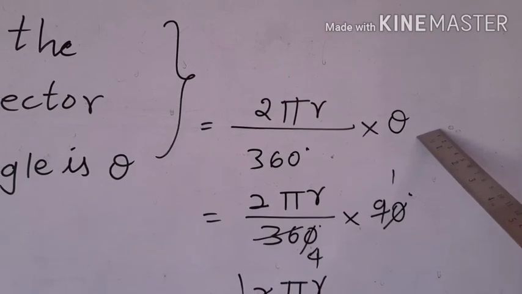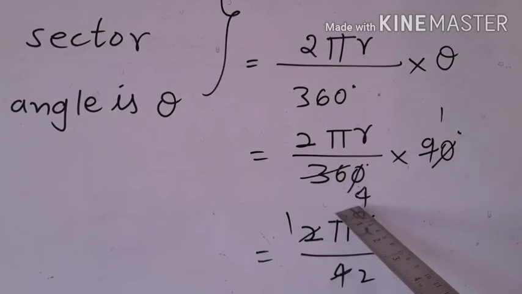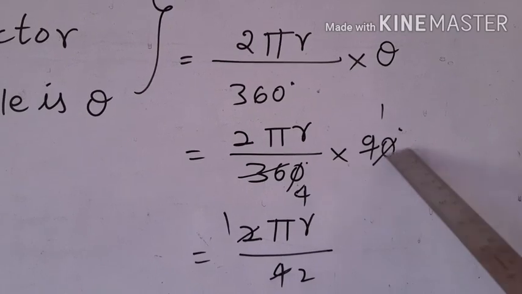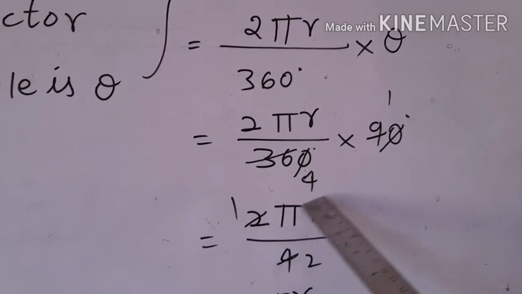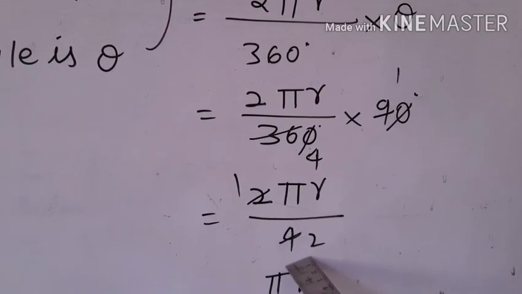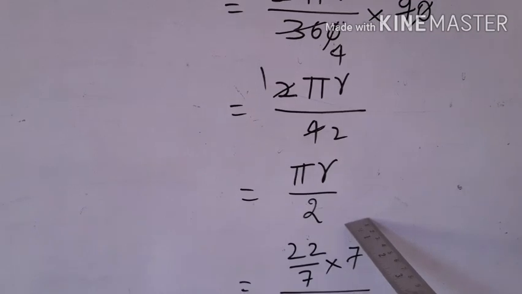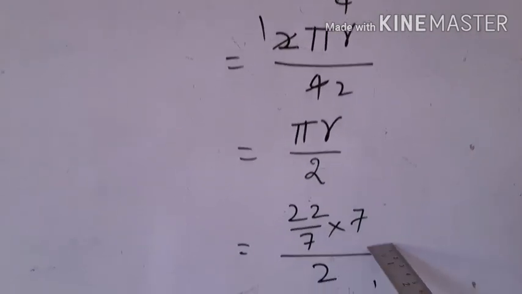Okay, now for the given question here, we have 2 pi r upon 360, theta degree is 90 degree here. Therefore, 0 0 get cancelled, 9 1s are 9, 4 9s are 36, right? Therefore, it is 2 pi r upon 4, right? Now 2 1s are 2, 2 2s are 4, get cancelled, therefore it is pi r by 2. Here pi is 22 by 7 and radius is 7 upon 2.